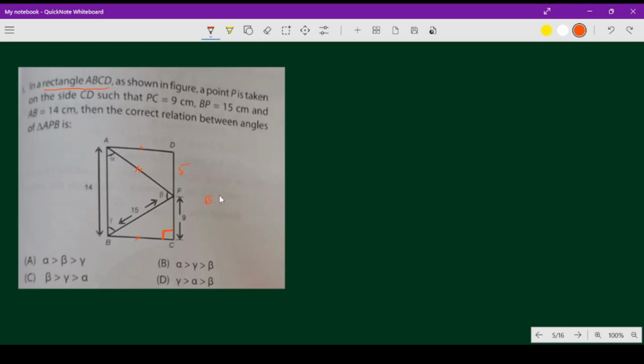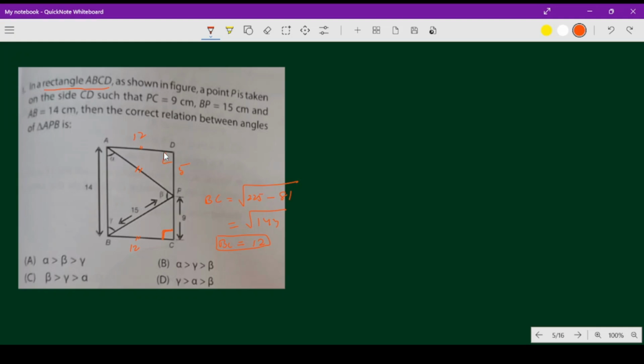So BC is the square root of 225 minus 9 square, which is 81. If we subtract this, it will come to 144, which is the square of 12. So that gives us BC length as 12. BC is 12 means the opposite side AD is also 12.